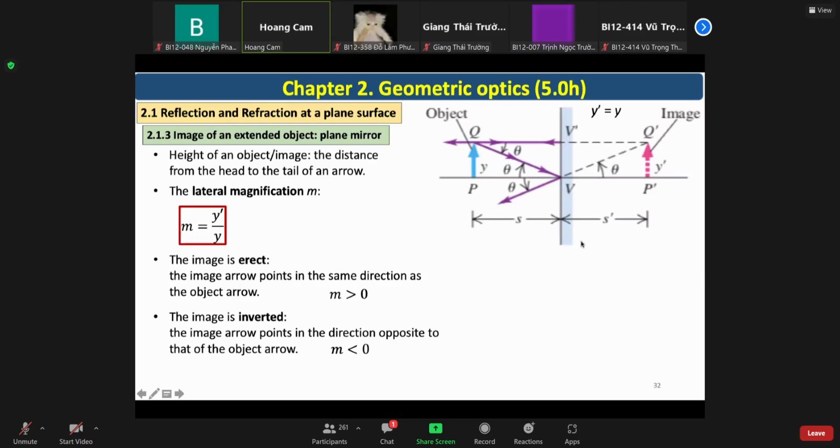So when we talk about the property of an image, we need to talk about first real or virtual, then erect or inverted, larger or same size.